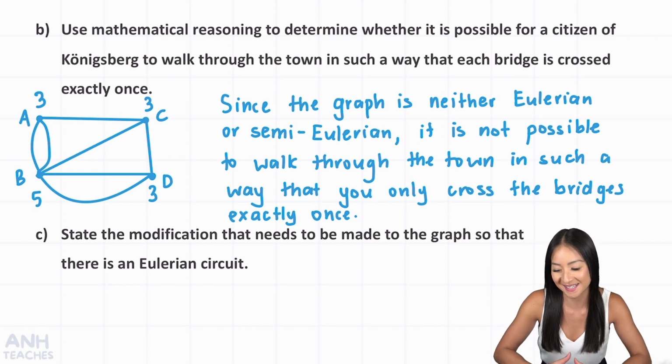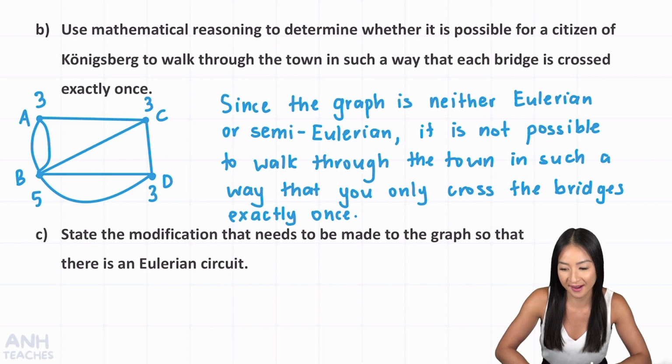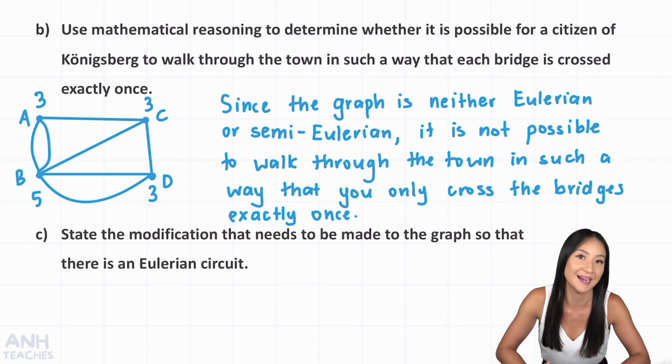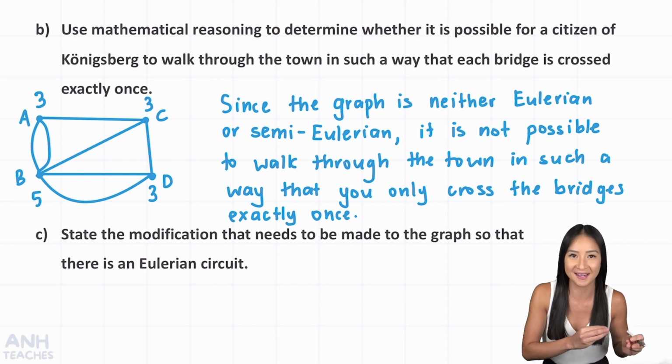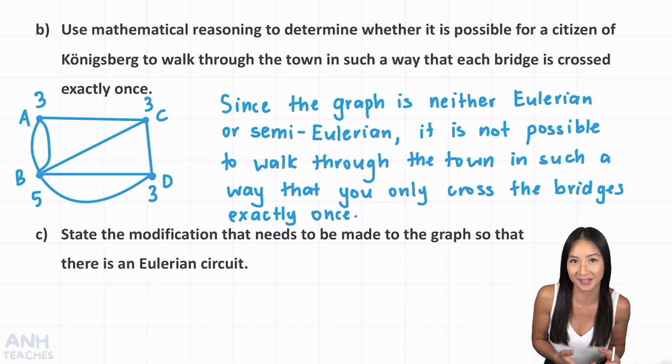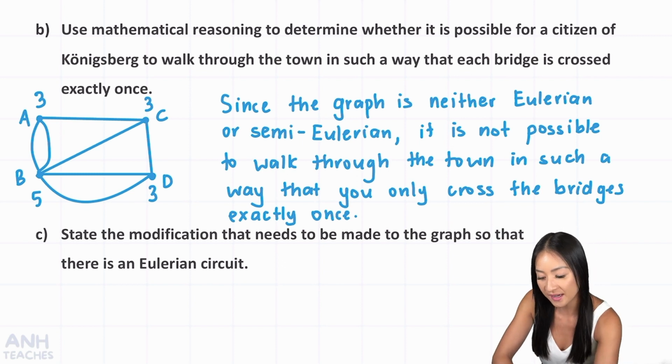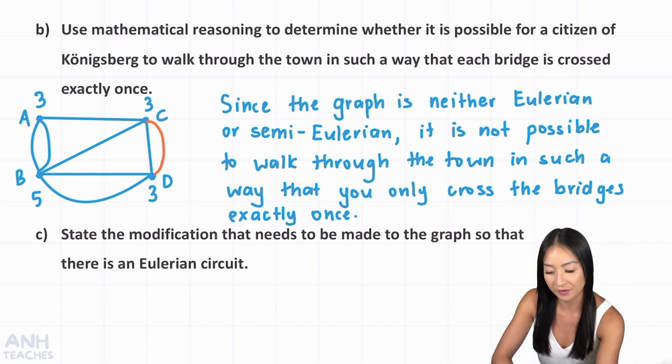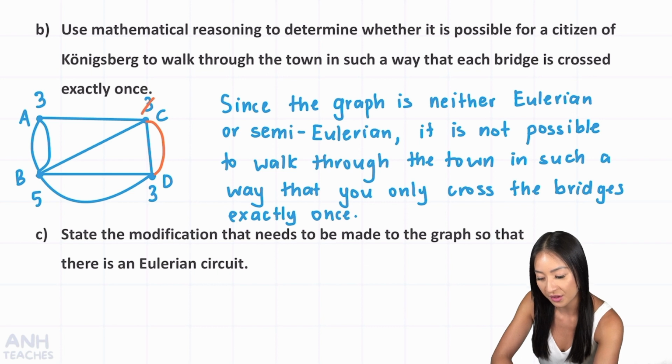Part C now asks us to state the modification that needs to be made to the graph so that there is an Eulerian circuit. Looking at this graph, all the vertices are odd and I need them all to be even for there to be an Eulerian circuit. So I'm going to add one edge connecting 2 of the odd vertices, which makes those even.